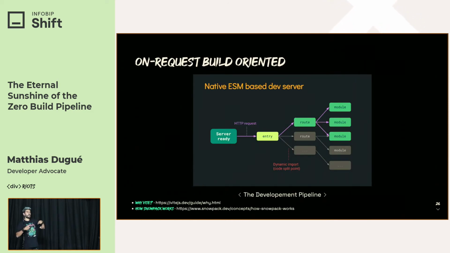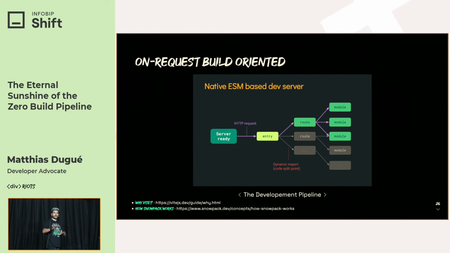How does it work? It works based on the routing. This is the schema that represents the native ESM dev server of Vite, the tools from the Vue community. So each time I will request my first application, my page will be analyzed by the browser. The main file will be cached as requested by the browser, read, and each time it will encounter a new dependency, it will request this dependency from my web dev server.